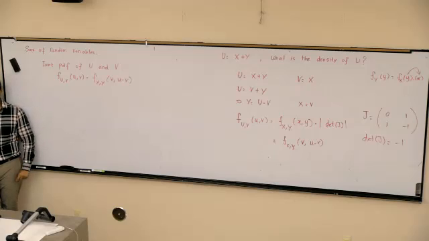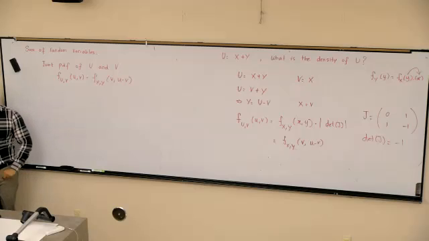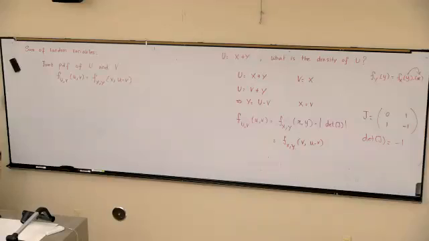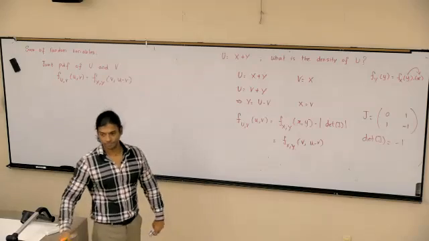Good so far. If you have the joint PDF, how do we get the marginal PDF? We have to integrate with respect to one of the variables. Okay. We want to find the density of U. So we have to integrate with respect to what variable?